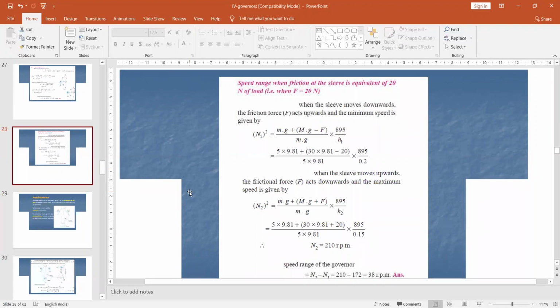Roll number 47, listen. How do we write N1 square with consideration of the friction and without consideration of the friction? We directly substitute into the formulas.